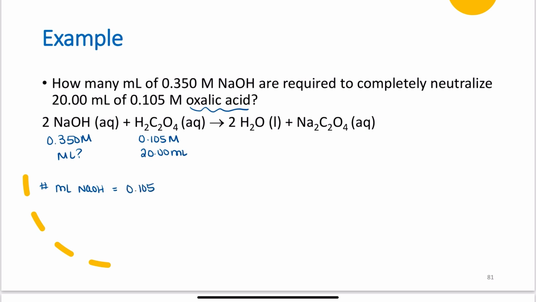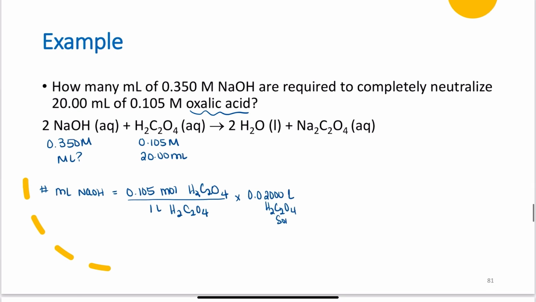I have 0.105 moles H2C2O4 to 1 liter of H2C2O4 solution. I have 20 mL of it, 0.02000 liters of H2C2O4 solution.